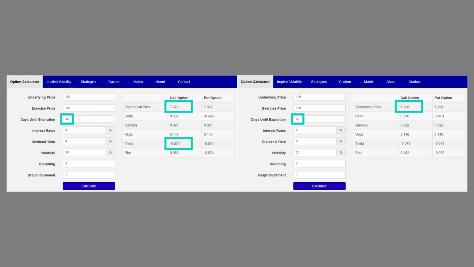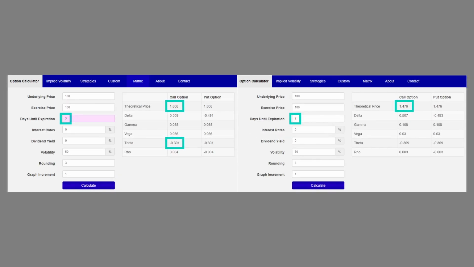If this theta is stable, then 24 hours later, with 49 days to expiry, the call option should be worth 7.372 minus 0.074, which equals $7.298. This does match what we see in the calculator, so the theta proved an accurate measure.